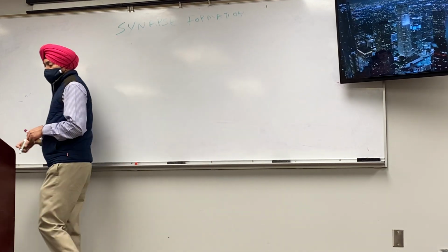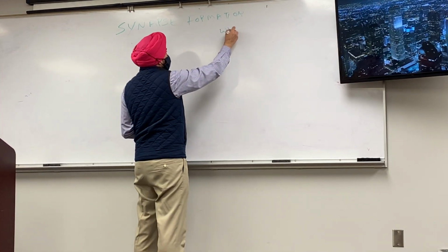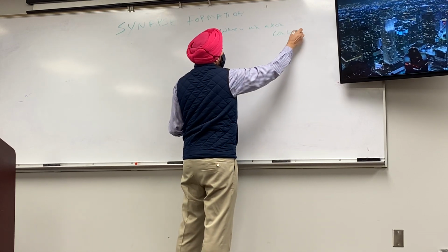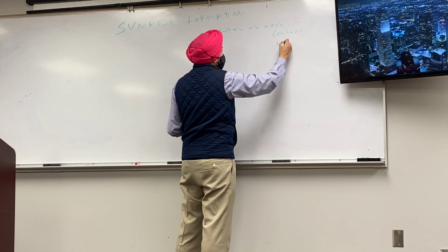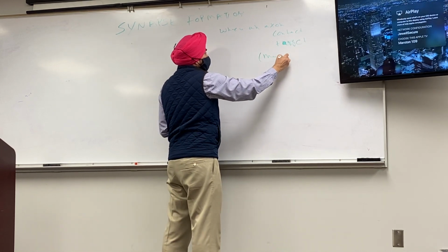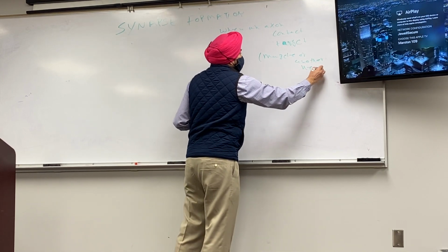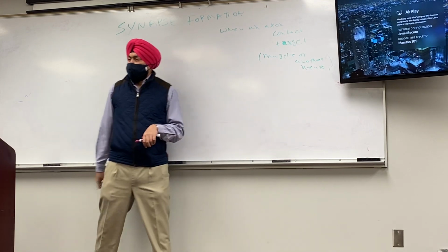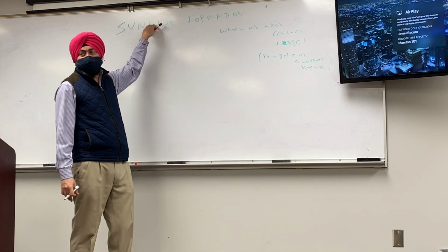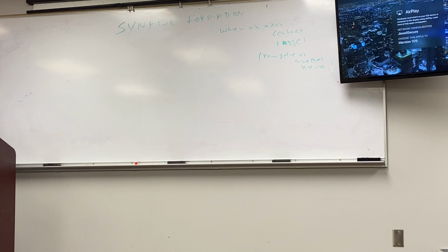So when an axon contacts a target, and that target can be a muscle or another neuron, anything, they form a specialized structure. That specialized structure is called a synapse. So how is the synapse formed?